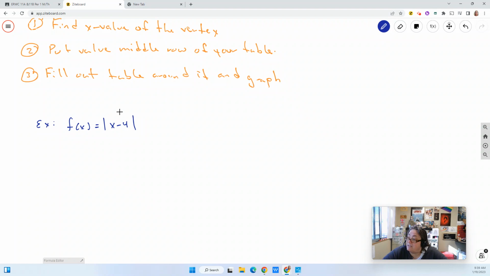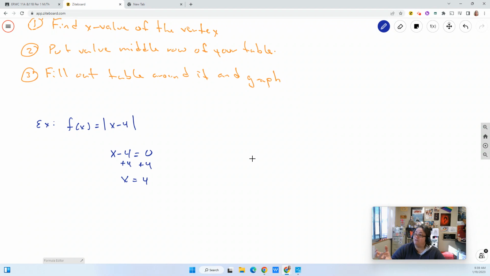And the way we do that is by taking the inside of this absolute value and setting it equal to 0. So x minus 4 equals 0. And then we would add 4 to both sides, right, to get x equals 4. And so that middle point of our graph is going to be 4. That vertex is going to be at x equals 4.